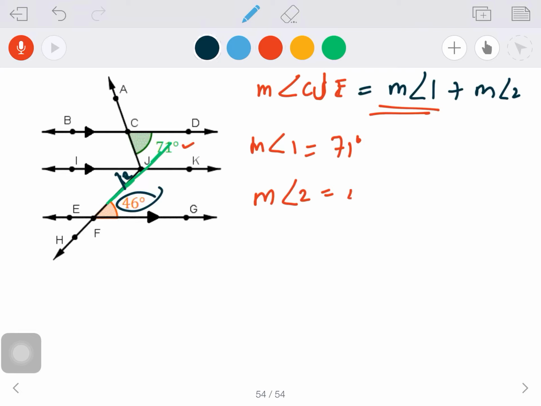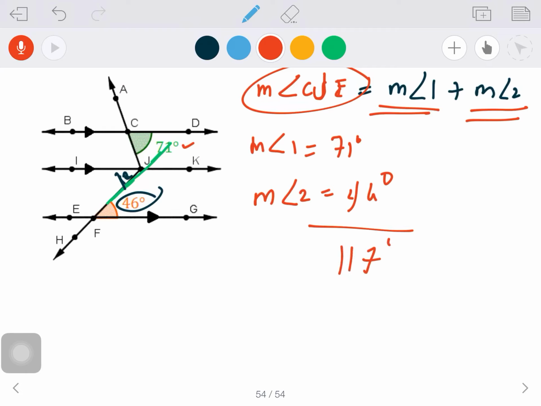So this is also 46 degrees. And as we've said before, in order to find the whole measure of angle CJE, we have to find angle 1 and add it to angle 2, and that would be the measure. So we add the two angles, so this would be 117 degrees is the measure of angle CJE.